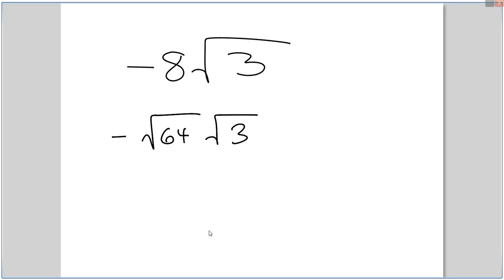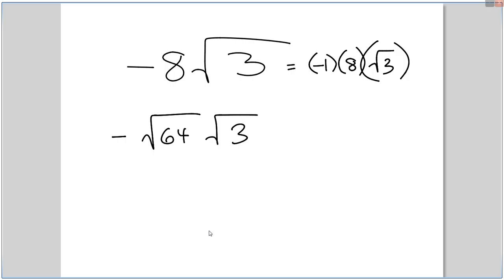Like that. 8 by itself is the same as square root 64. Do you agree? This negative on the outside, imagine it is like negative 1. Okay? So we could write this like negative 1, positive 8, square root 3, like that.